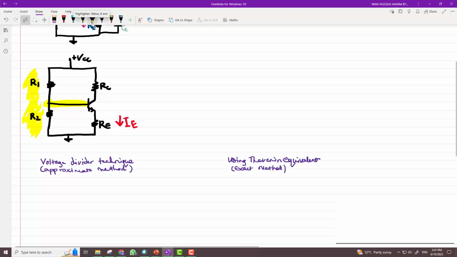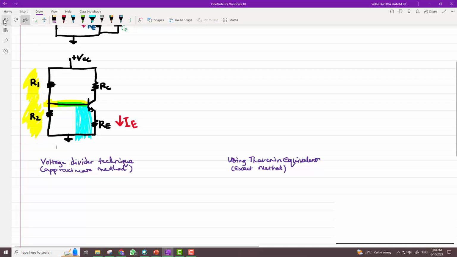But we can use the voltage divider technique if we say that the node at this point sees such a high resistance that current does not want to pass there. The current all wants to travel from R1 to R2 to ground. And when the same current flows through R1 and R2, it is as though R1 is in series with R2.